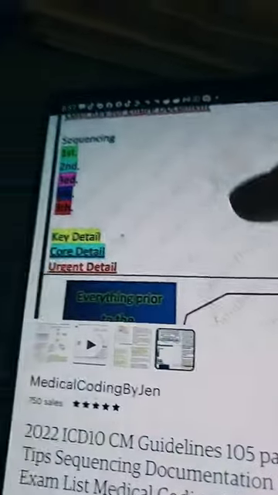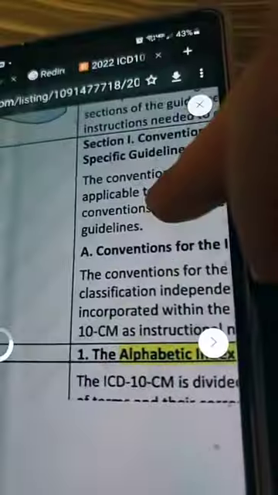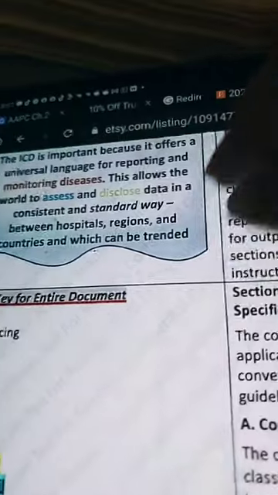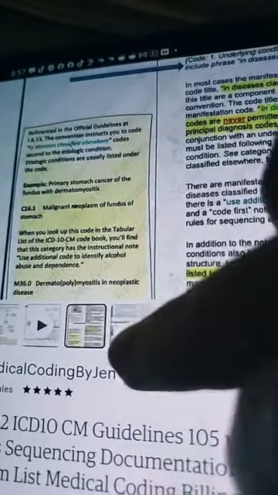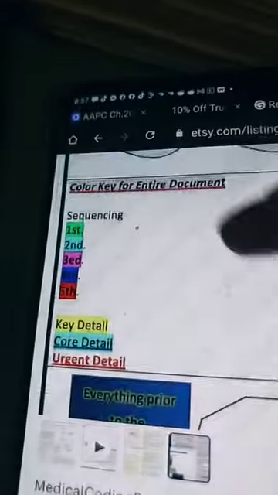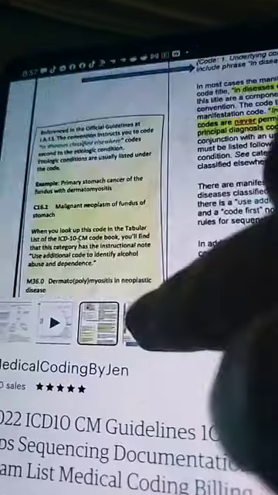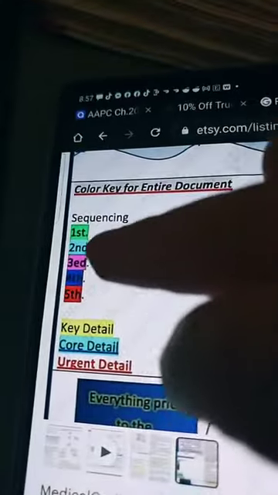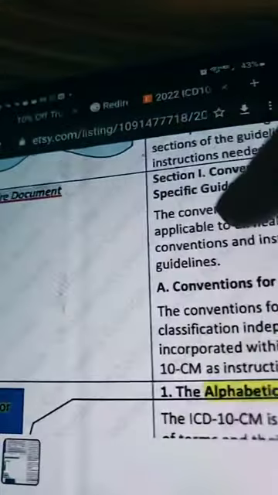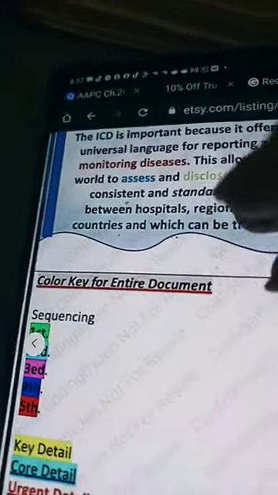It's just really helpful. I've color-coded all the sequencing so that when you go through here and you see anything that is diagnosis related, that'll tell you this diagnosis in that guideline is coded.